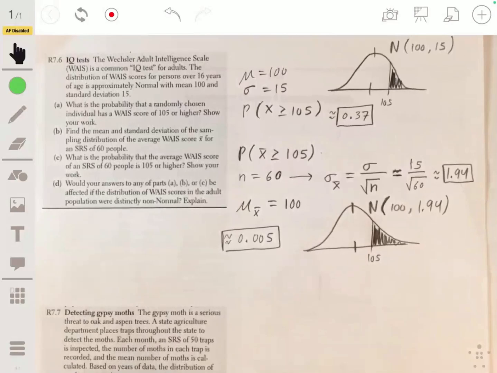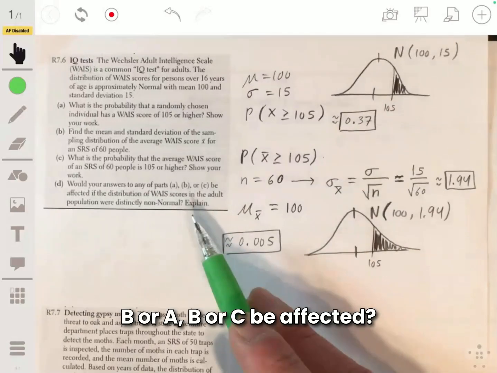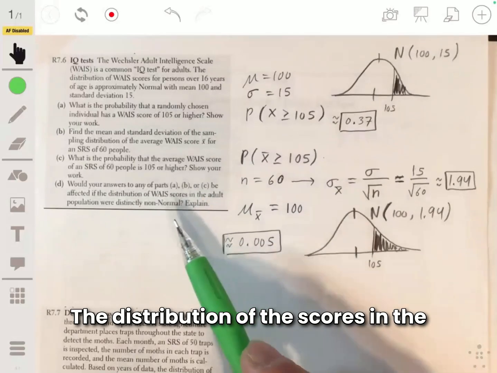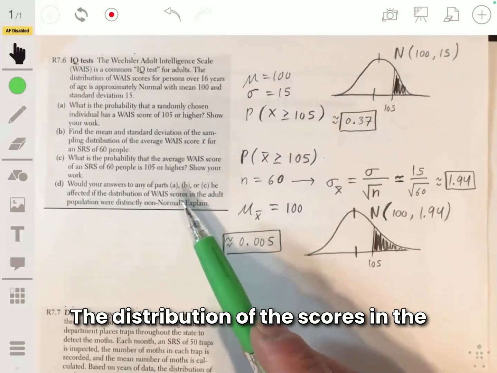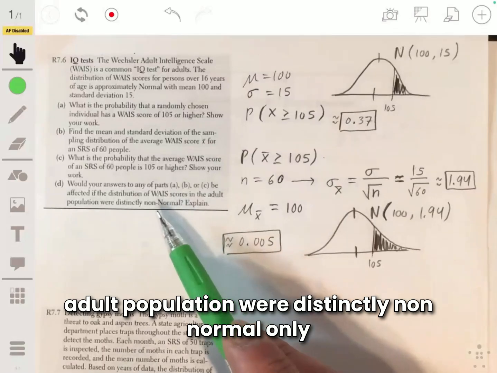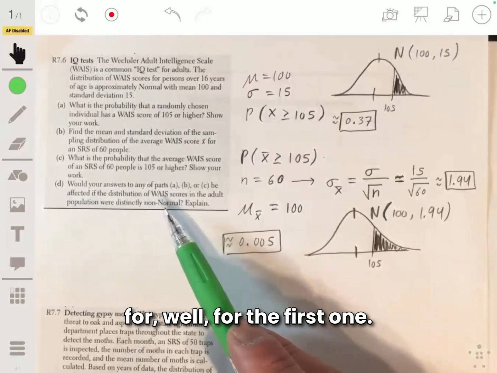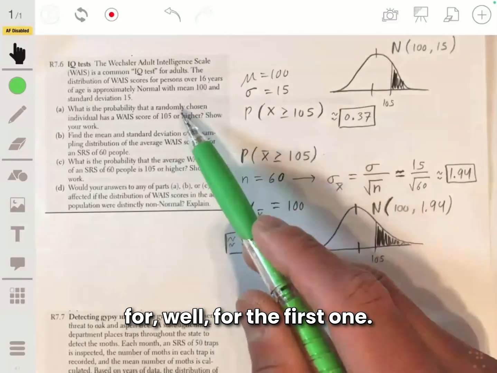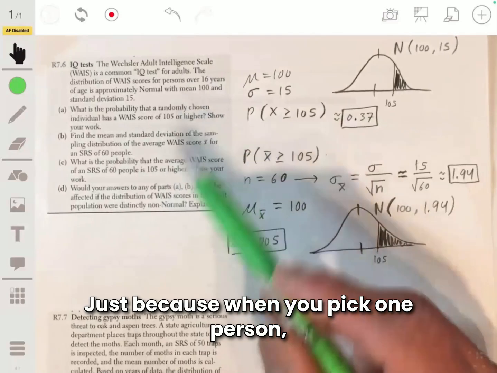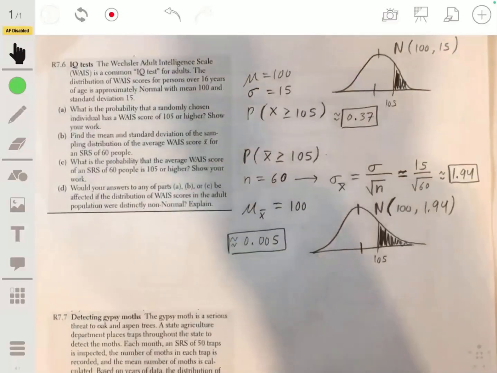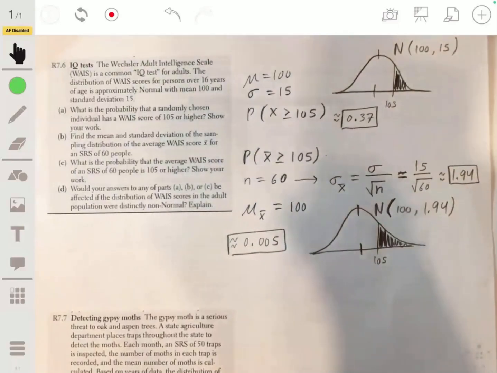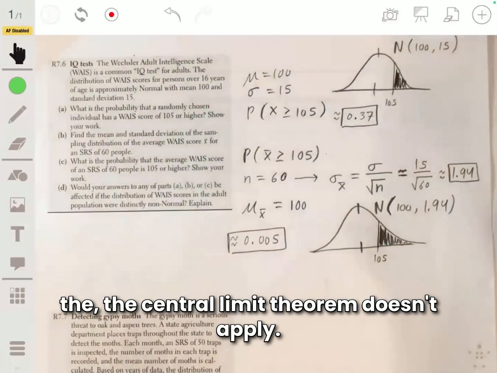Would your answers in any of the parts A, B, or C be affected if the distribution of the scores in the adult population were distinctly non-normal? Only for the first one, just because when you pick one person, the central limit theorem doesn't apply.